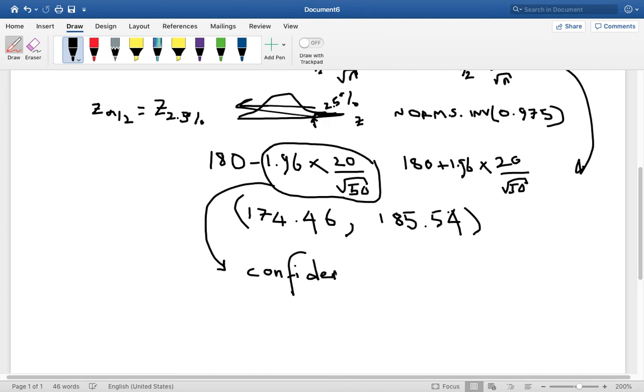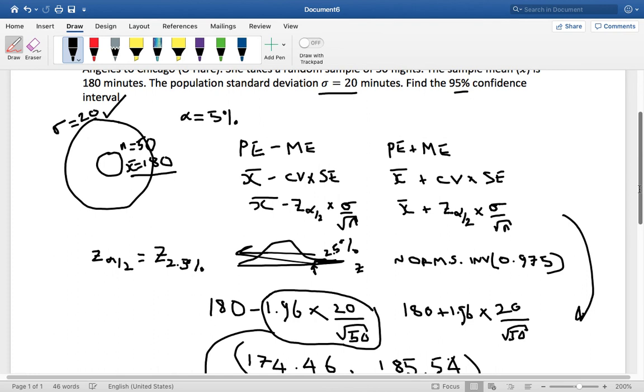Confidence.norm takes alpha, sigma, and n. So alpha for us, what did we say? Well, we said that alpha is 5%.